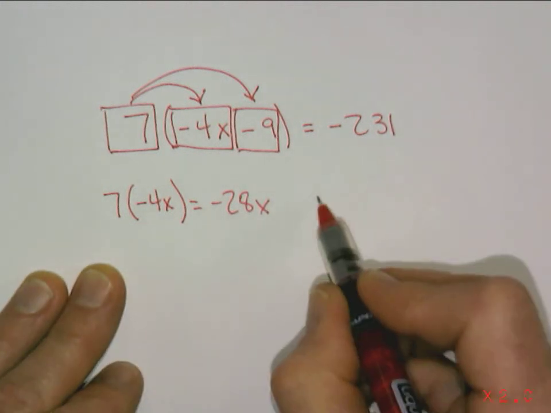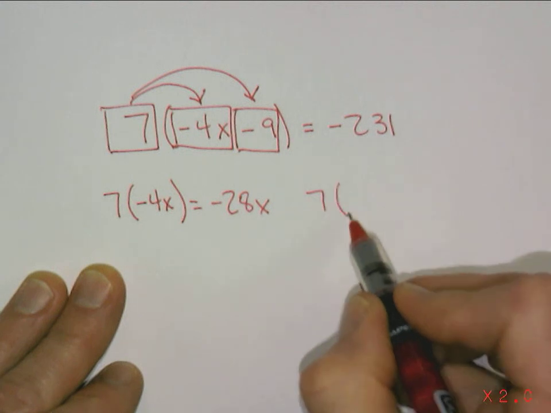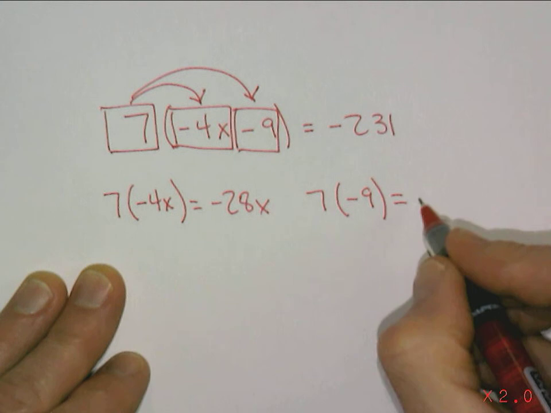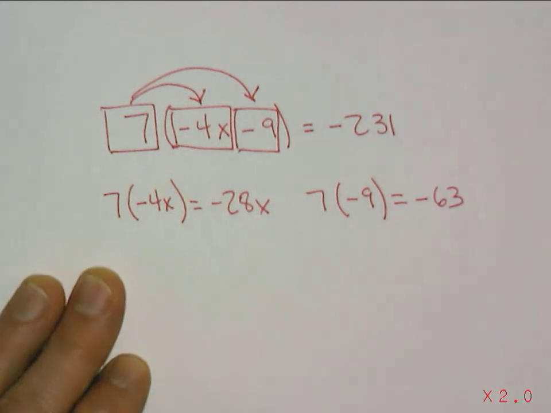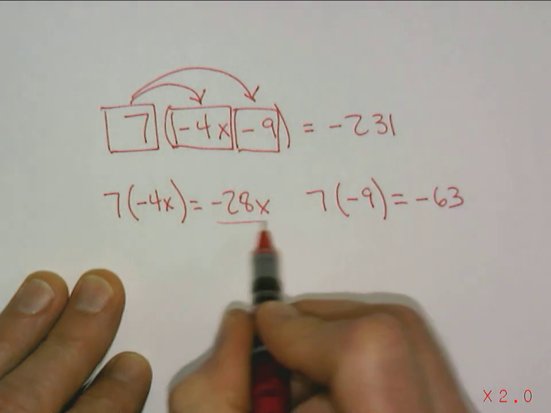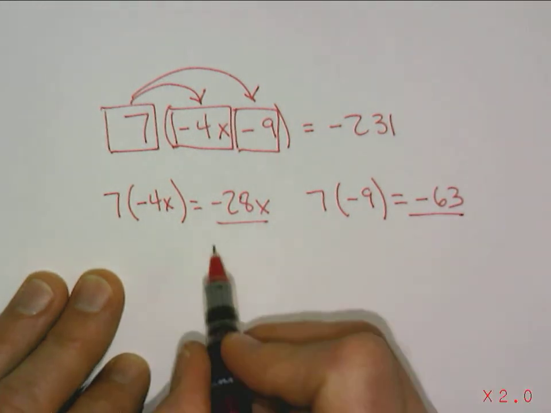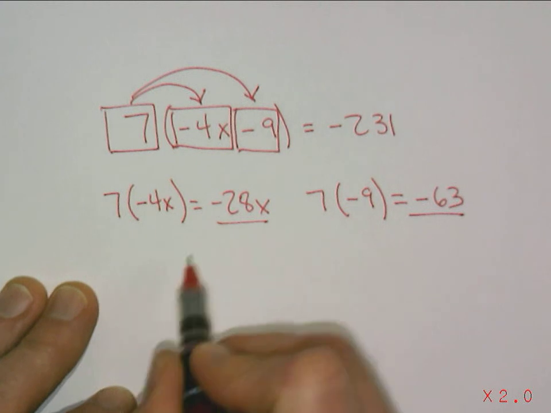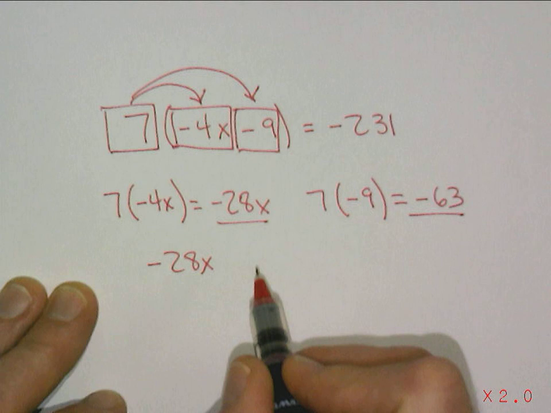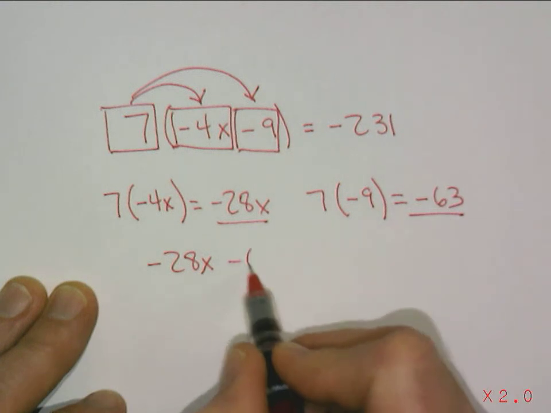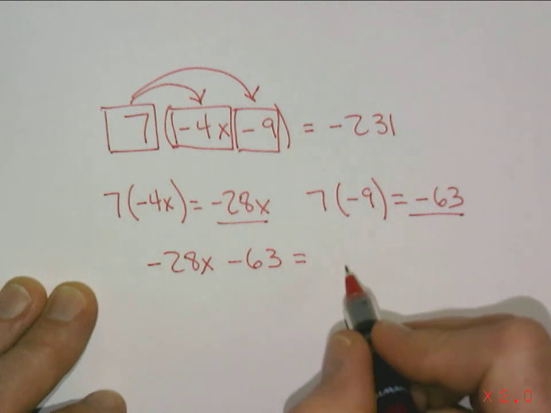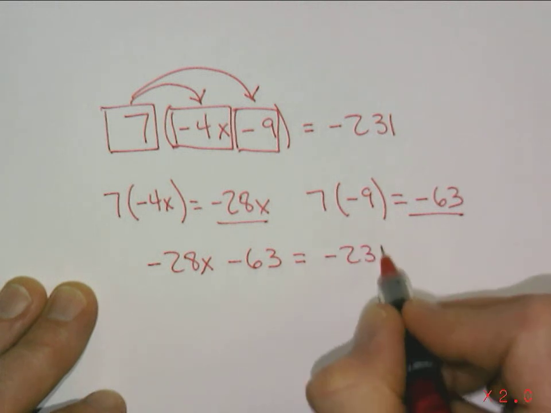And then the second one is 7 times negative 9. So 7 times 9 is 63, negative times a positive, so negative 63. And so now our new equation without the parentheses, using the new terms we created, is negative 28x minus 63 equals negative 231.